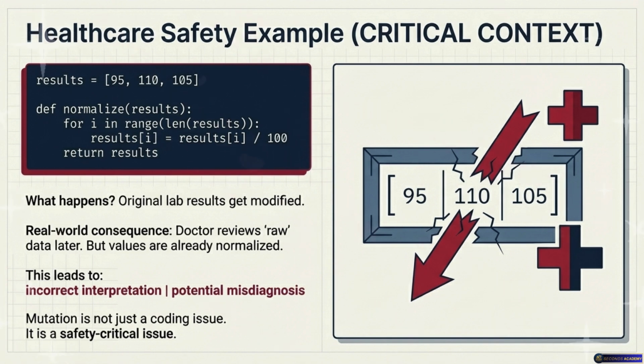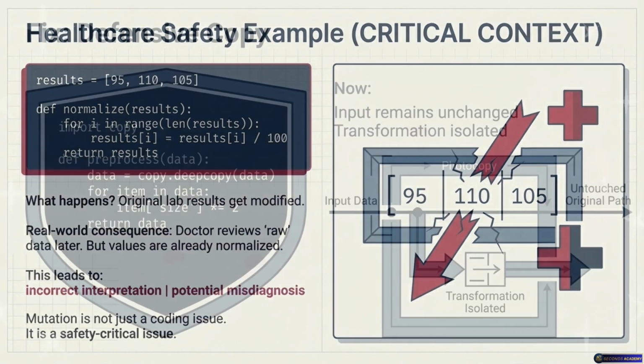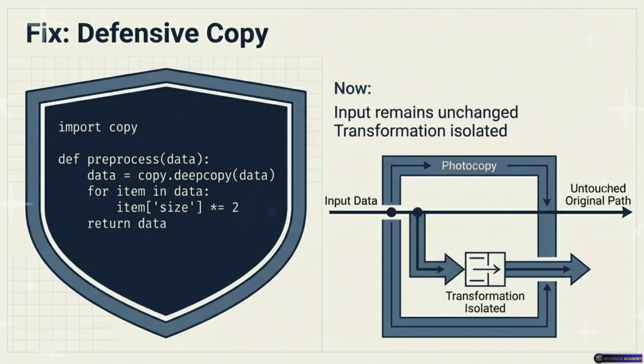To prevent this, we have to isolate the transformation using defensive copying. Python actually provides a copy module for this. But we need to use copy.deepcopy, right? Passing the data in, not just a standard shallow copy. That is a crucial distinction. A shallow copy only creates a new outer container, like a new folder, but the files inside are the same. Exactly. If you have a patient record containing a nested list of past hospital visits, a shallow copy creates a new patient record, sure.